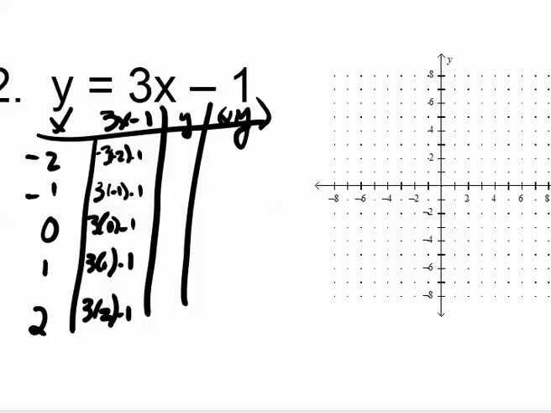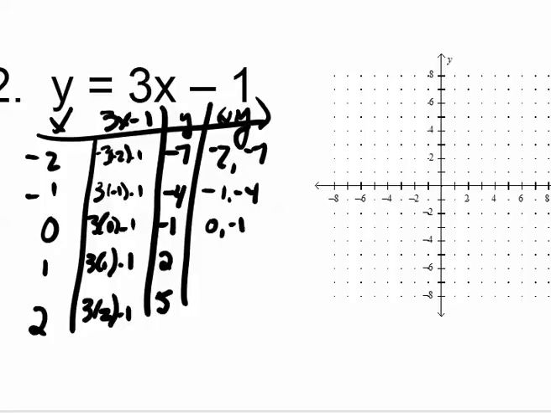3 times -2 is -6, minus 1 is -7. 3 times -1 is -3, minus 1 is -4. 3 times 0 is 0, minus 1 is -1. 3 times 1 is 3, this will be a 2, and this will be a 5. So we have (-2, -7), (-1, -4), (0, -1), (1, 2), (2, 5).